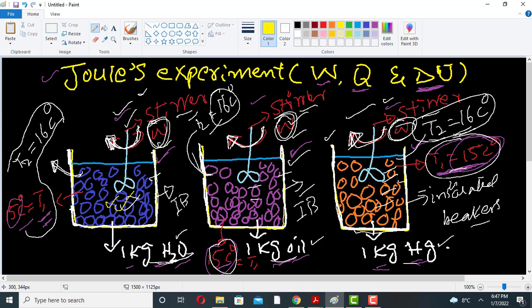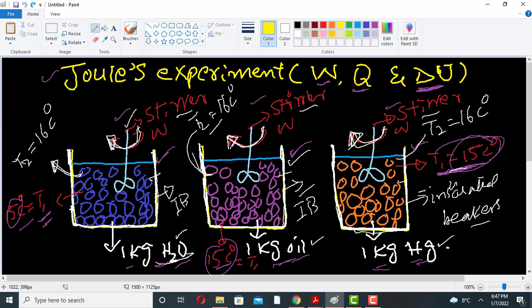The work done on this system is equal to the heat Q produced in this system, and the work done on the 1 kilogram of mercury will be equal to the heat Q produced in this beaker. So from this experiment we conclude that the work done is equal to the heat produced in the system.